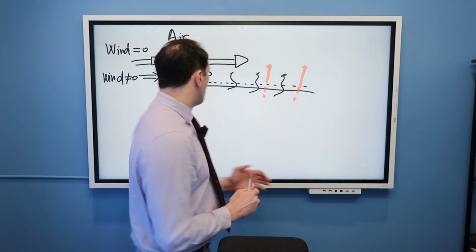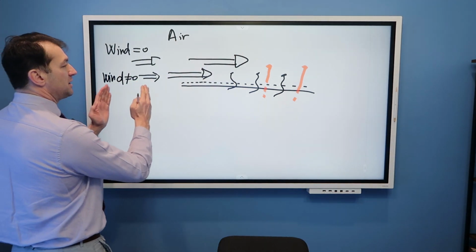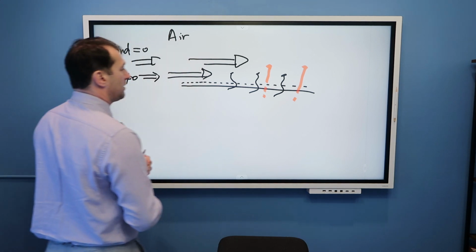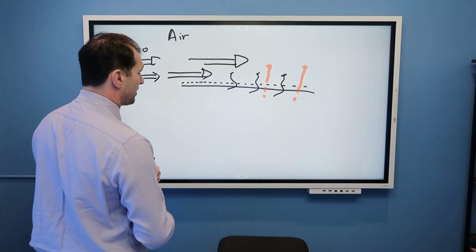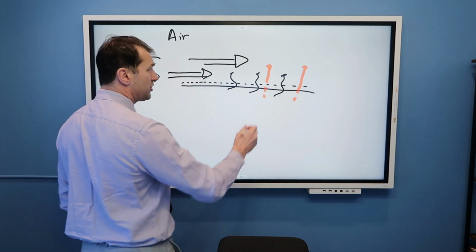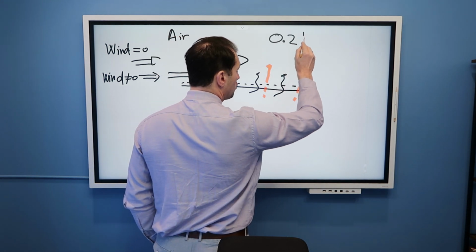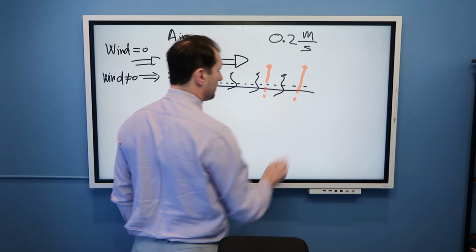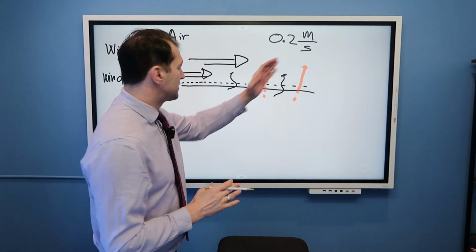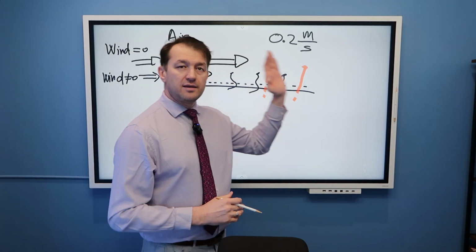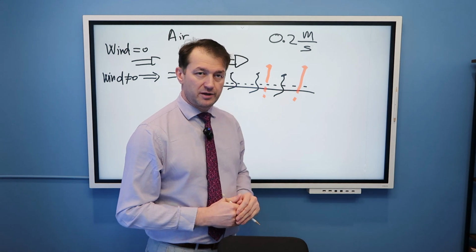You might say, what is the necessary wind speed to cause the depletion of this boundary layer? Research showed that wind speeds of around 0.2 meters per second, very low wind speeds, already start thinning that boundary layer.